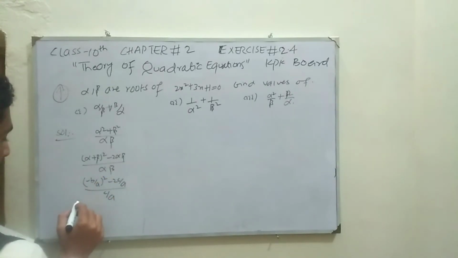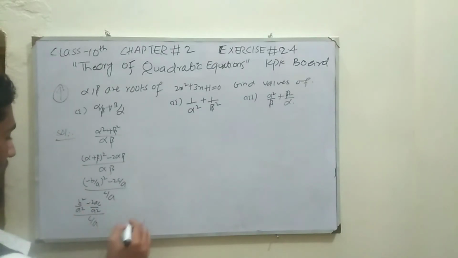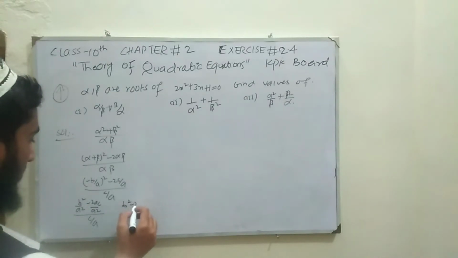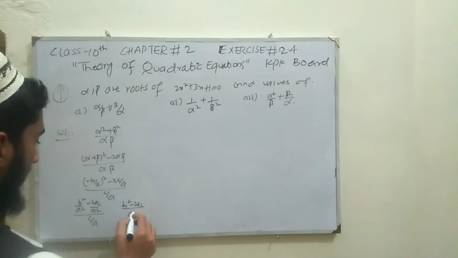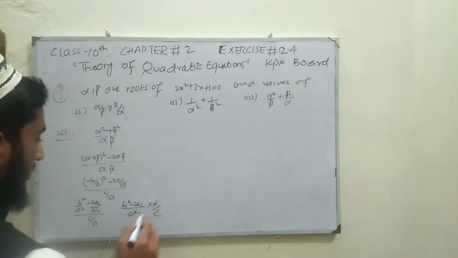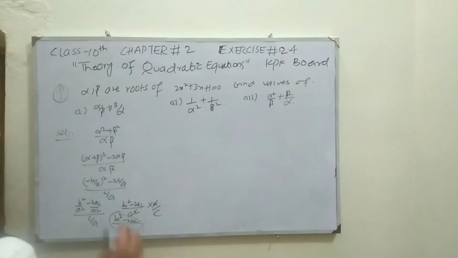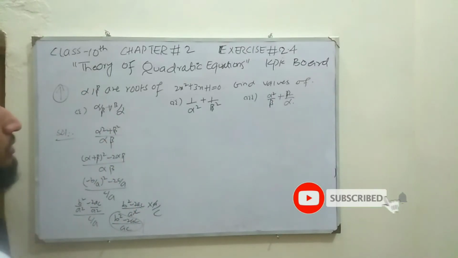Solving this gives b square over a square minus 2ac over a square, whole divided by c over a. Further solving, b square minus 2ac over a square multiplied by a over c. A cancels out with a, so we are left with b square minus 2ac divided by ac. So this is the solution to the given alpha over beta plus beta over alpha.